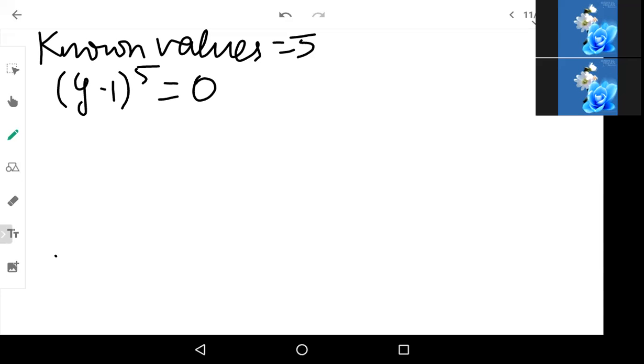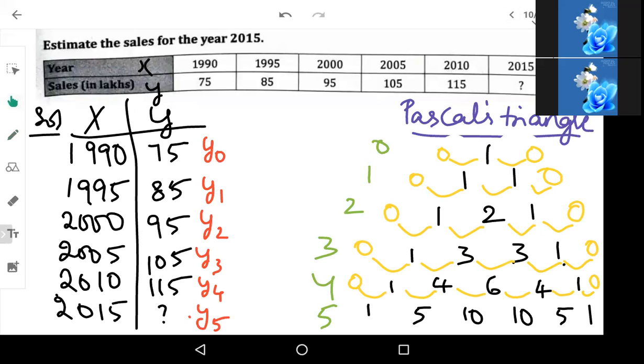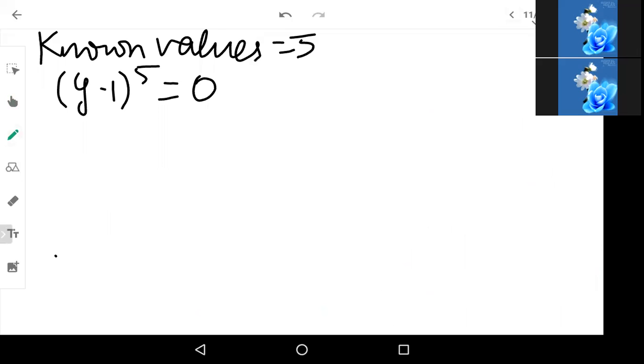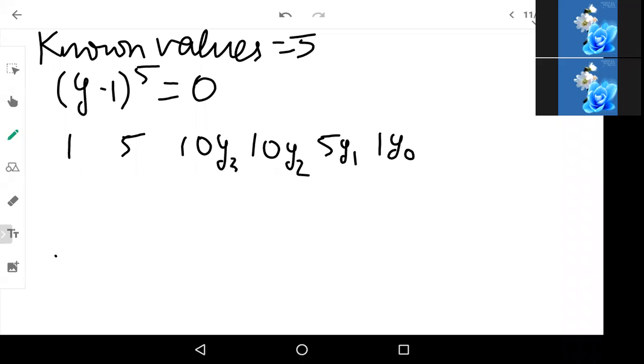Now let us see what are the numbers in the last line of the Pascal triangle. 1, 5, 10, 10, 5, 1. Correct? These are the numbers. Now I told you from right to left, you have to write from y0. So y0, y1, y2, y3, y4, y5.